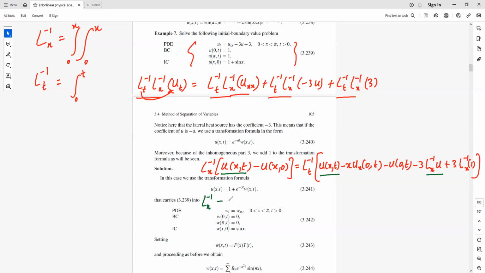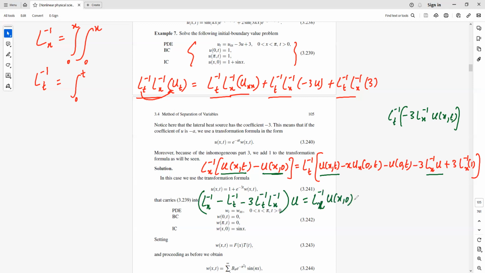So we get LX inverse minus LT inverse minus 3 LT inverse LX inverse, applied on U, equals, shifting this to the right side, LX inverse U_x(x,0), then minus LT inverse applied on x h(t), where this is a function of t, h of t, plus U(0,t), which is given as 1, so we write 1 here.